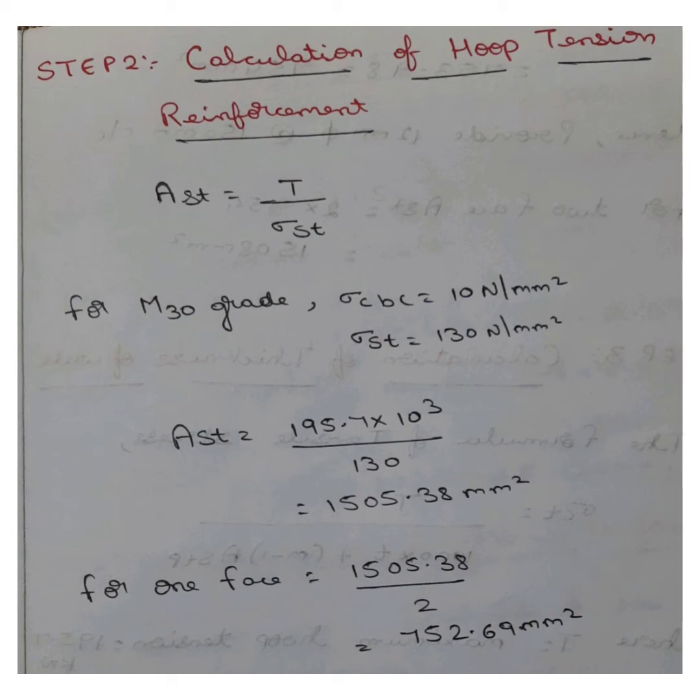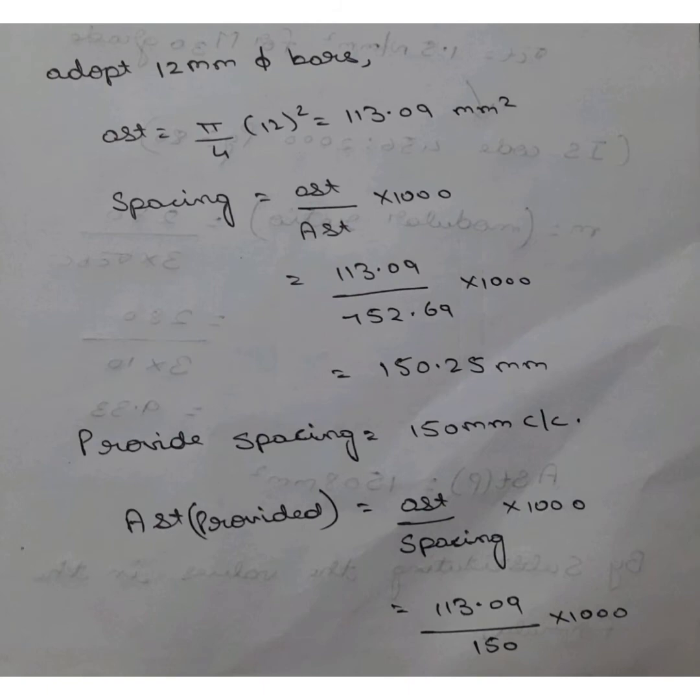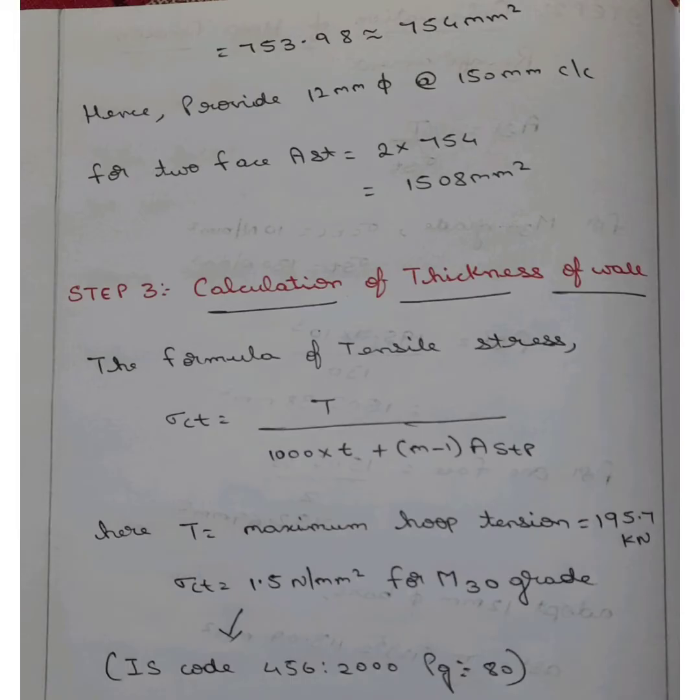For one face, AST required equals 1505.38 by 2 equals 752.690 mm square. Assume 12 mm diameter bars. By calculating, I got spacing equals 150 mm center to center spacing, and AST provided for one face equals 754 mm square.